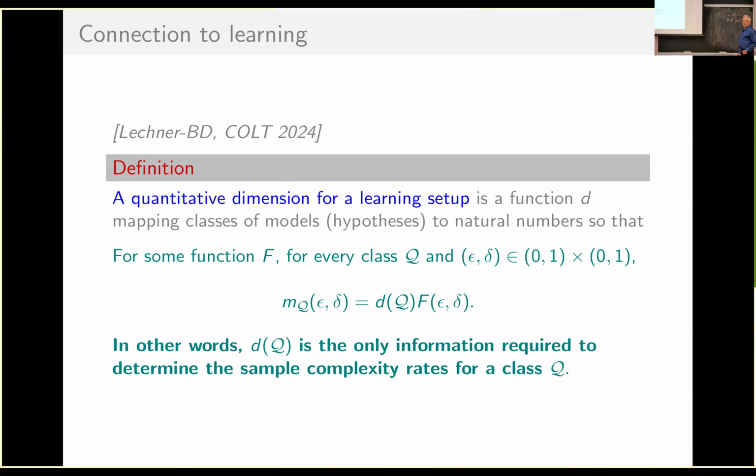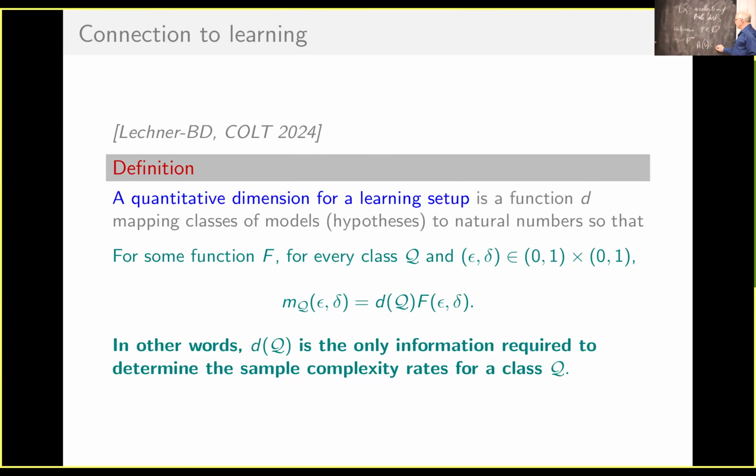and what is my problem? You pick an unknown distribution P in this Q. You give me a sample S, which is IID picked from P, and I need an algorithm A of S that will give me some element in the realizable case.